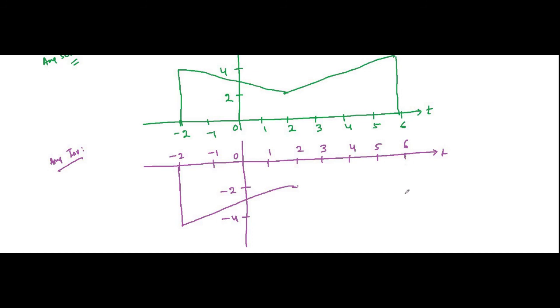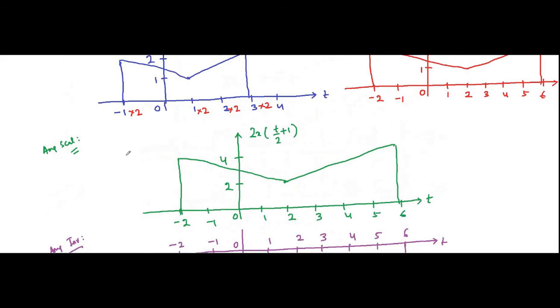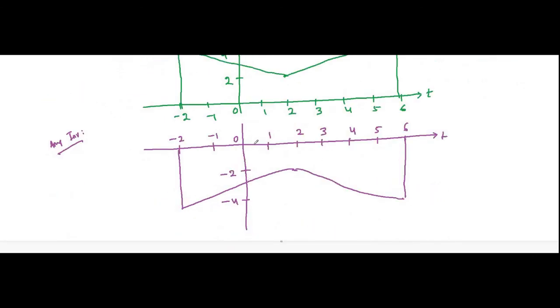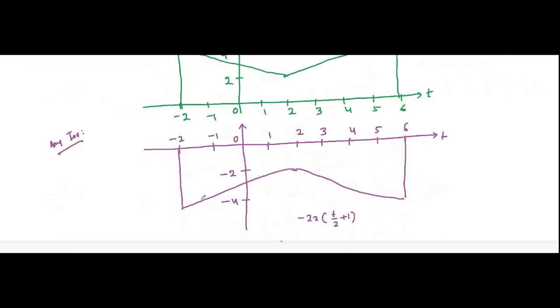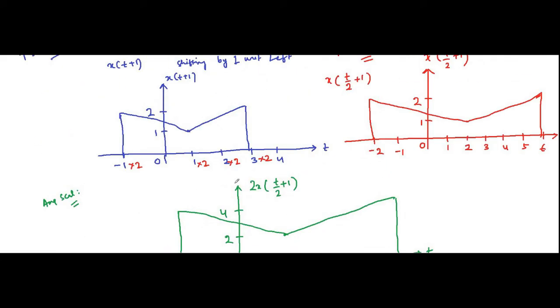Here it will touch, and this will be again -4, and this will be like this. So it is simply the mirror image of the amplitude scaled signal along the negative amplitude axis. This is minus 2x(t/2 + 1). This is the final signal which we got after amplitude inversion.